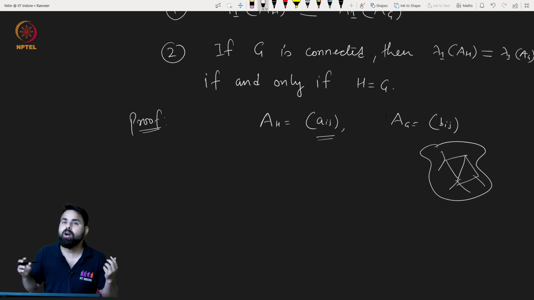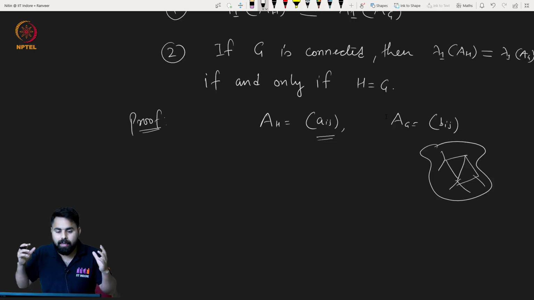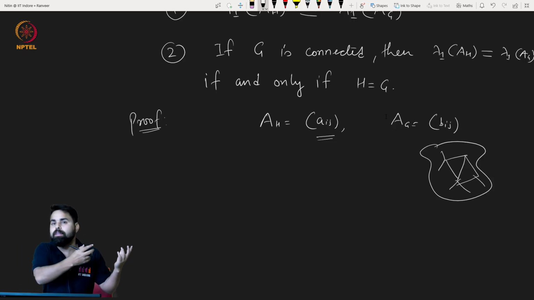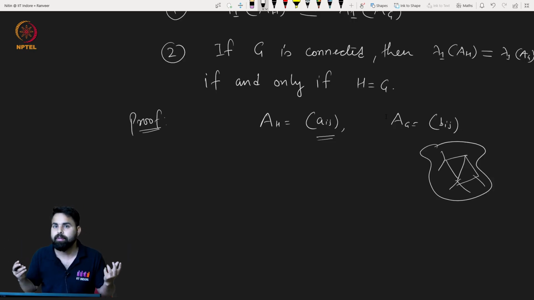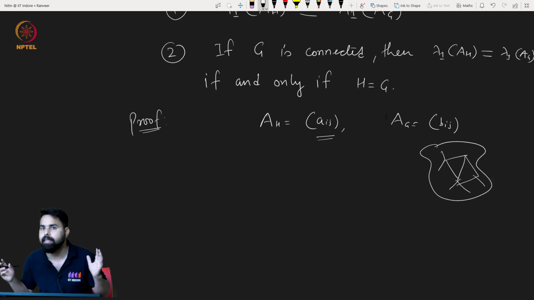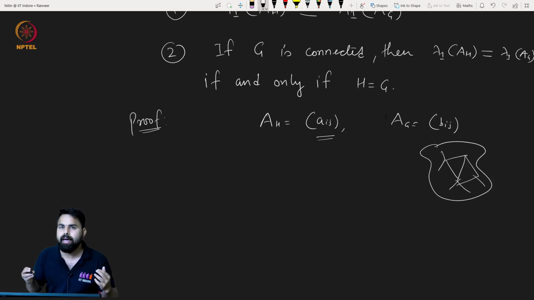We are not choosing all the edges which were present in G on the vertices of H. That was the definition of an induced subgraph. Here the subgraph can be anything. So there may be some a_ij whose value is 0, but the corresponding b_ij is not 0.